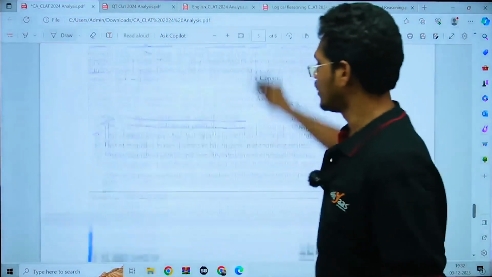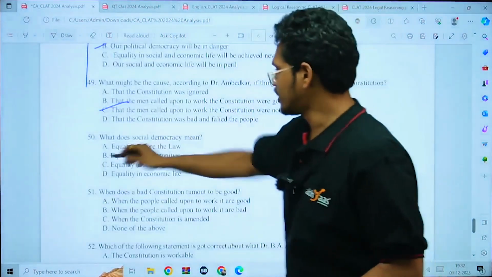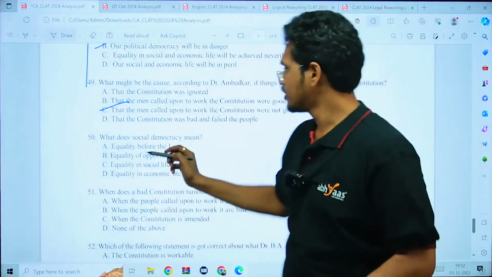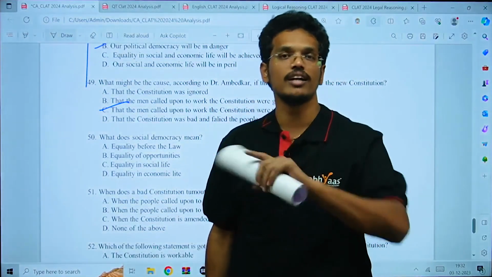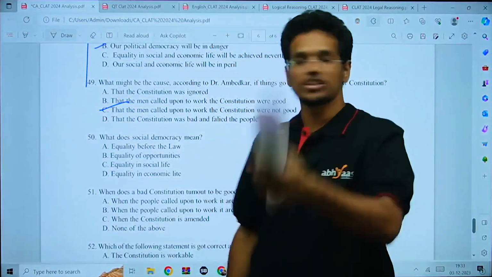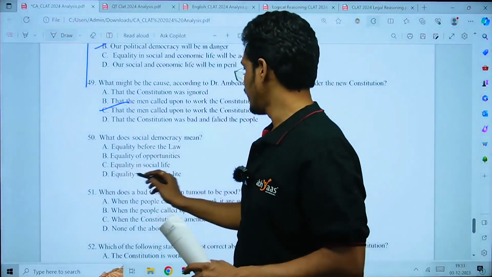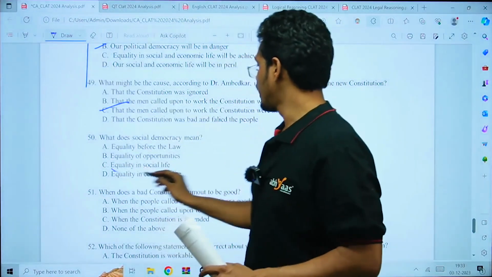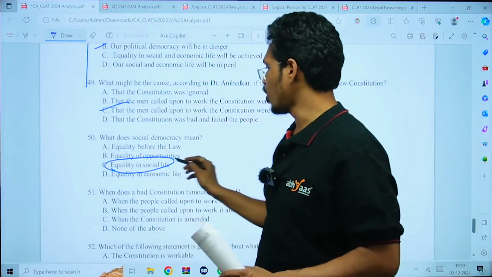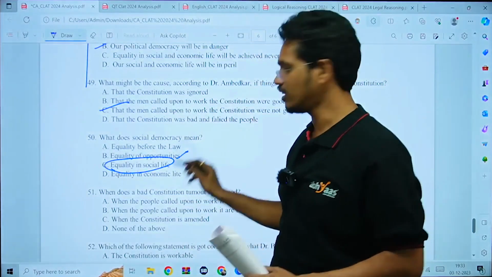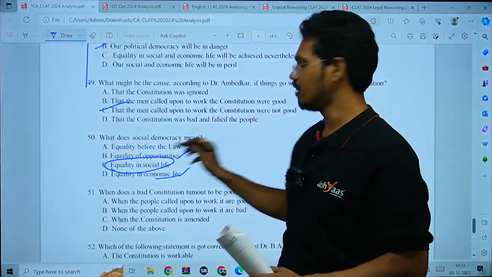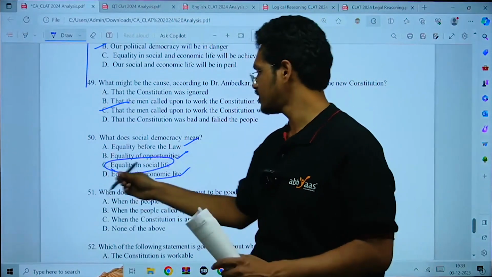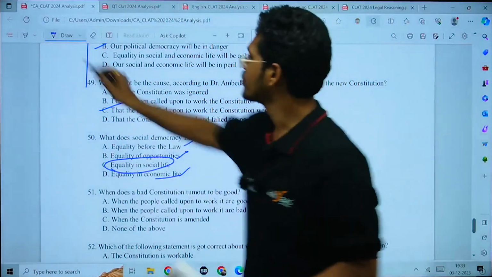If you say social democracy means equality before the law, that is wrong, because that's political democracy. If it is about opportunities, it is economic democracy. The one thing which is social democracy is social equality in social life.